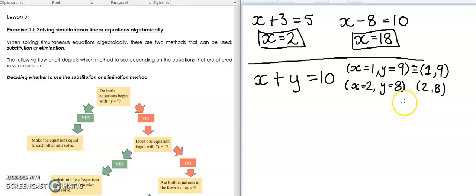We can do decimal numbers if we want. We can do x equals 5.5 and y equals 4.5. We can do x equals 5.0001 and y equals 4.9999. In fact, there are an infinite amount of solutions. Infinite solutions.